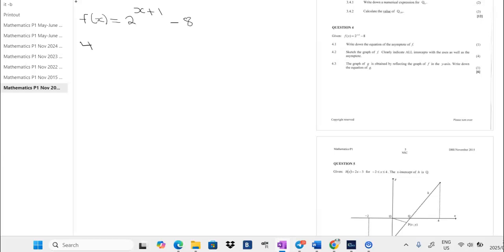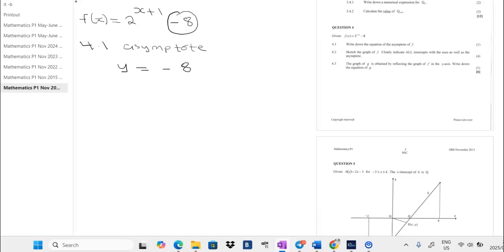The first question says, write down the equation of the asymptote. So we're looking for the asymptote. We know that our asymptote is y equals -8.